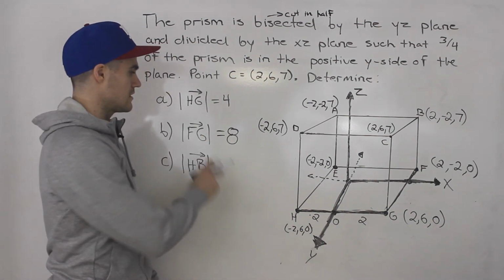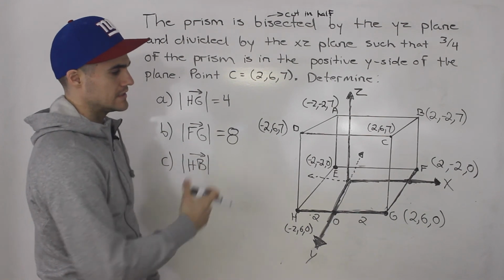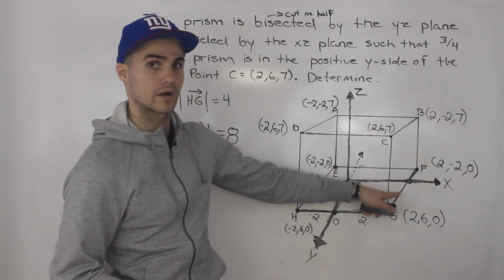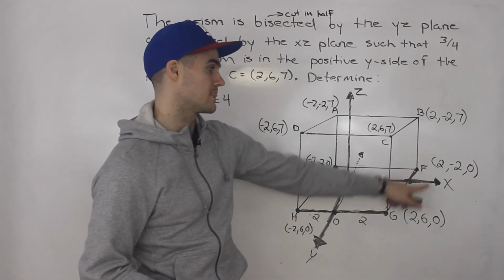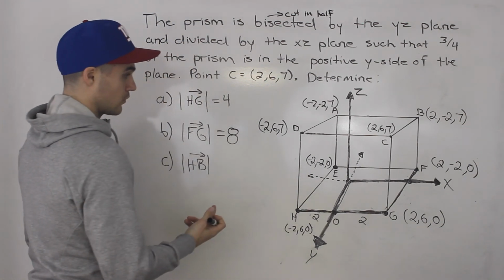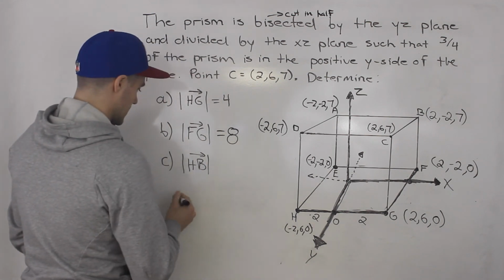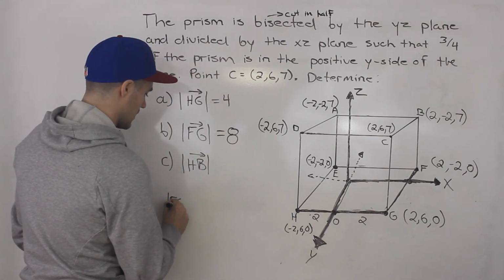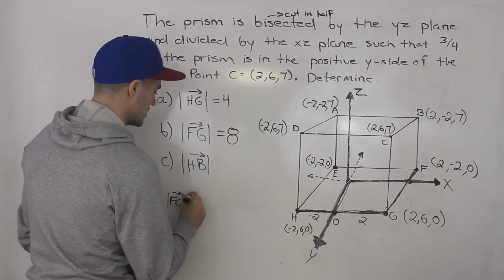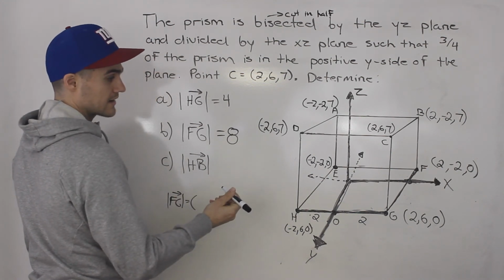And then part B, the magnitude of FG, we already did that visually while we were figuring out the coordinates of F, but you can also do it with the formula. So now that we have the coordinates of F and G, basically the magnitude of FG is going to be the difference in the x values.